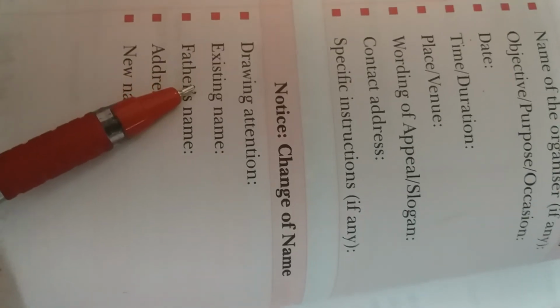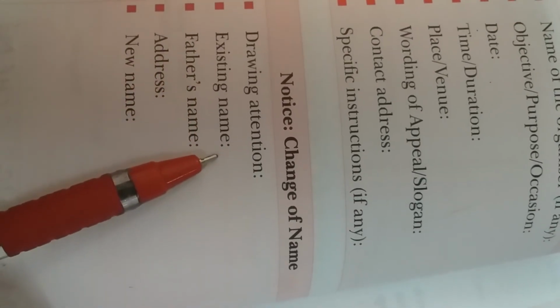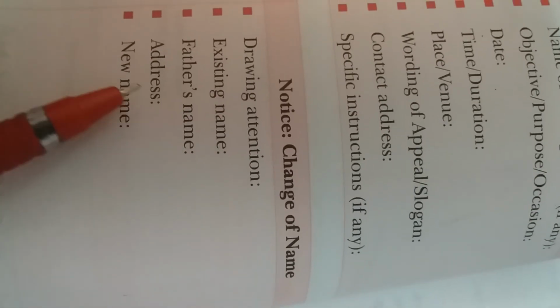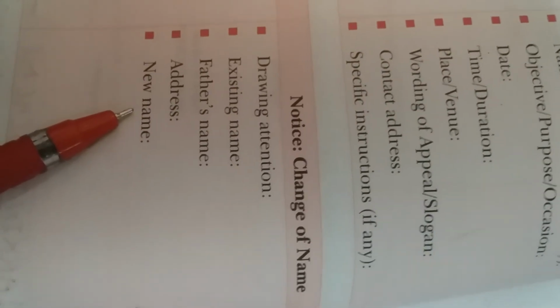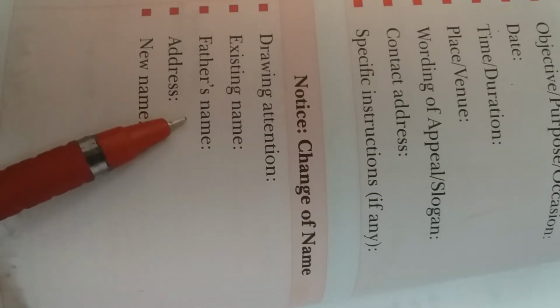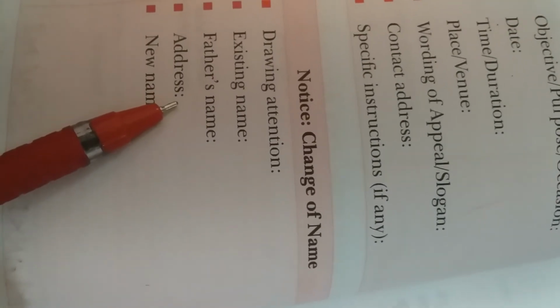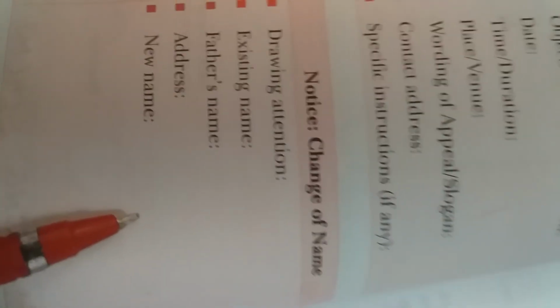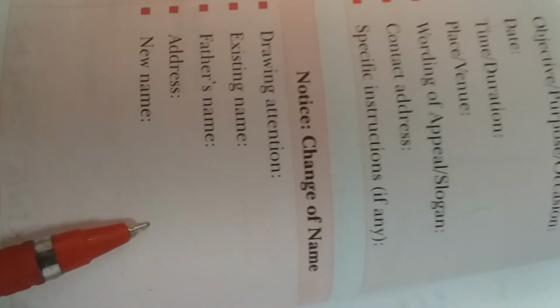Then mention first what your existing name is along with your father's name. Then we mention the new name by which you want to be called in future. Then the address is also to be mentioned, and after this all the value points are completed, then the box is closed.